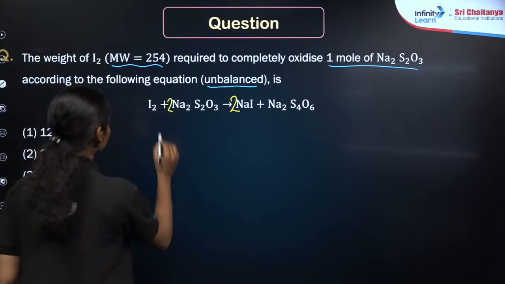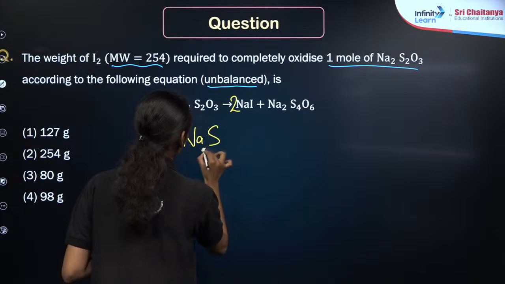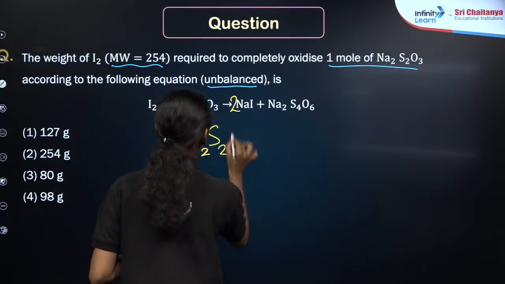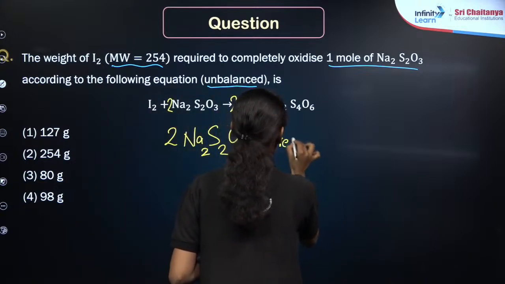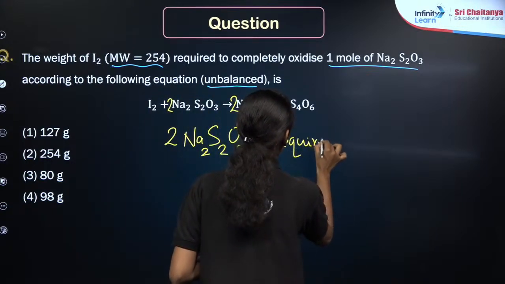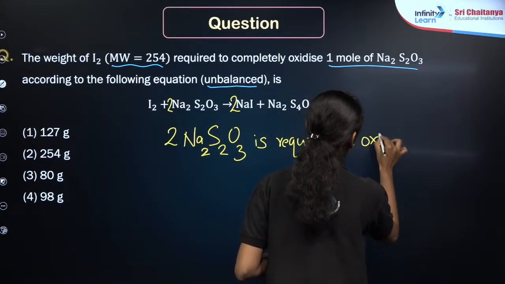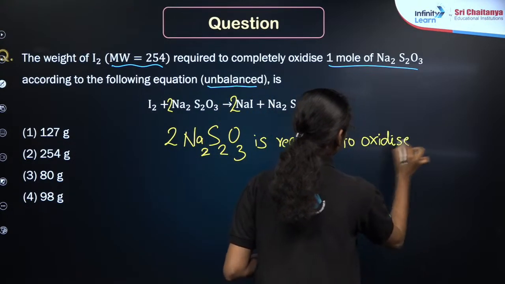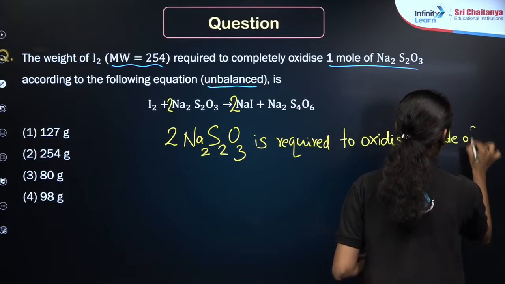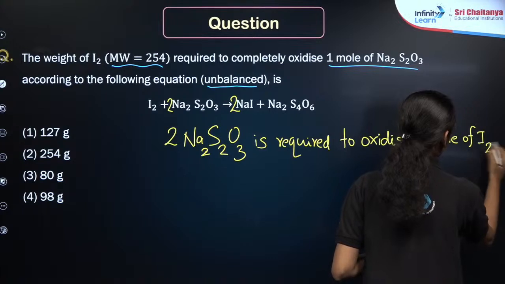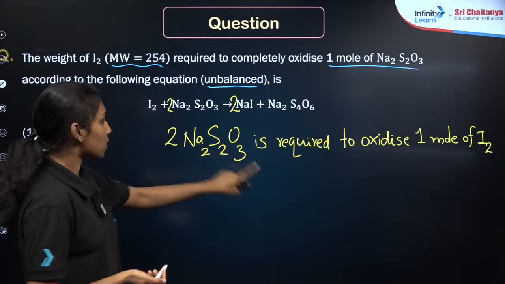As you can see here, 2 moles of Na2S2O3 is required to oxidize 1 mole of iodine, right? 2 moles of Na2S2O3 is required to oxidize 1 mole of iodine.